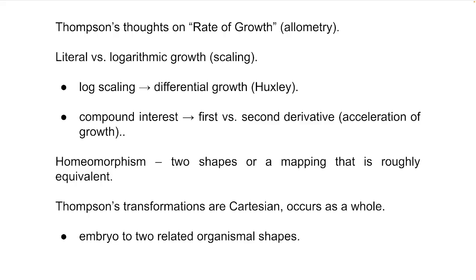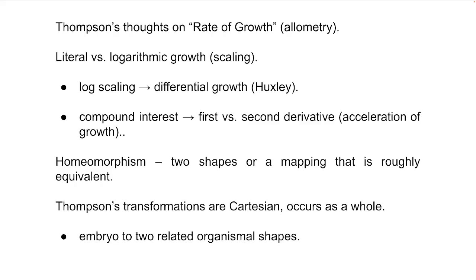Another thing he was very interested in was this concept of homeomorphism, which is something that the cyberneticists would later use to describe the mappings between models and the environment, or models in a system. So the idea is that you have this real world, in this case, a real world of forces acting upon an organism, and you have to map that to some representation, which is the organism's shape. And so the shape of the organism describes this homeomorphism.